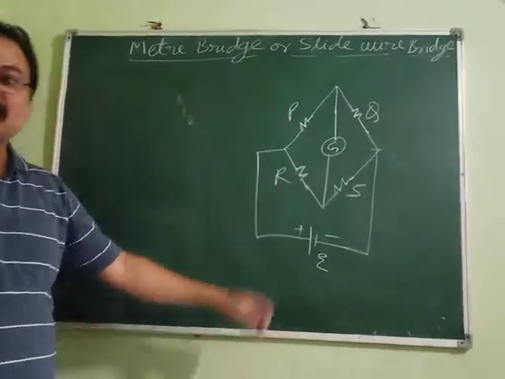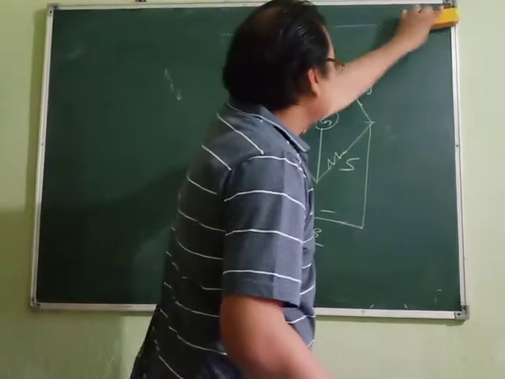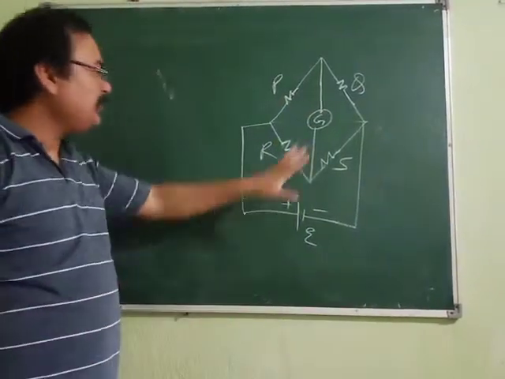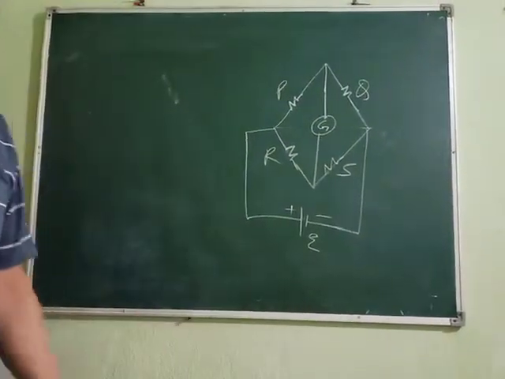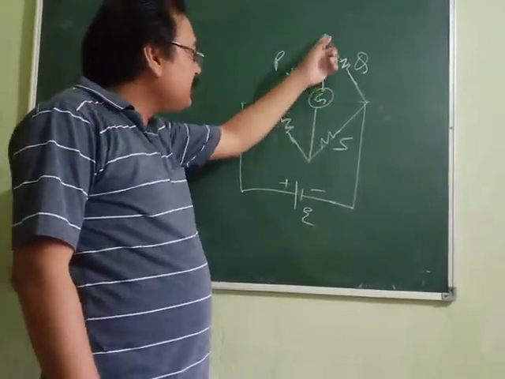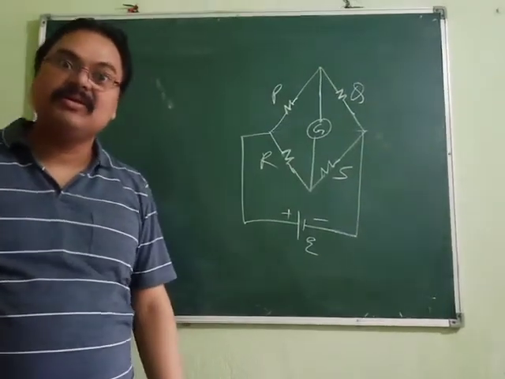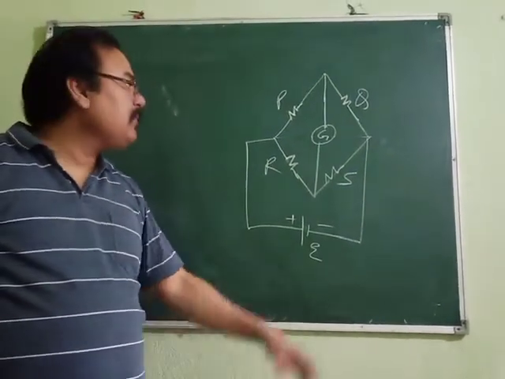See, one thing we missed. In the case of the Wheatstone bridge, we are very much aware of this. Generally people ask the question, if the position of the galvanometer and battery is changed or exchanged, then what will happen?